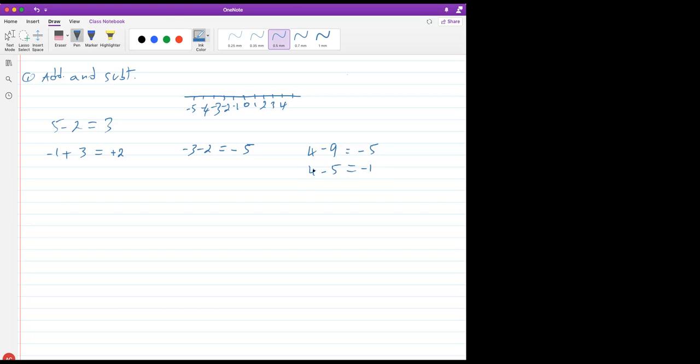Because this time we start from 4, which is here. Since we're subtracting, we go to the left 5 units or 5 steps: 1, 2, 3, 4, 5. We end right here. That's why the answer is -1. So that's the reasoning behind this, if you want to see it from the perspective of a number line.